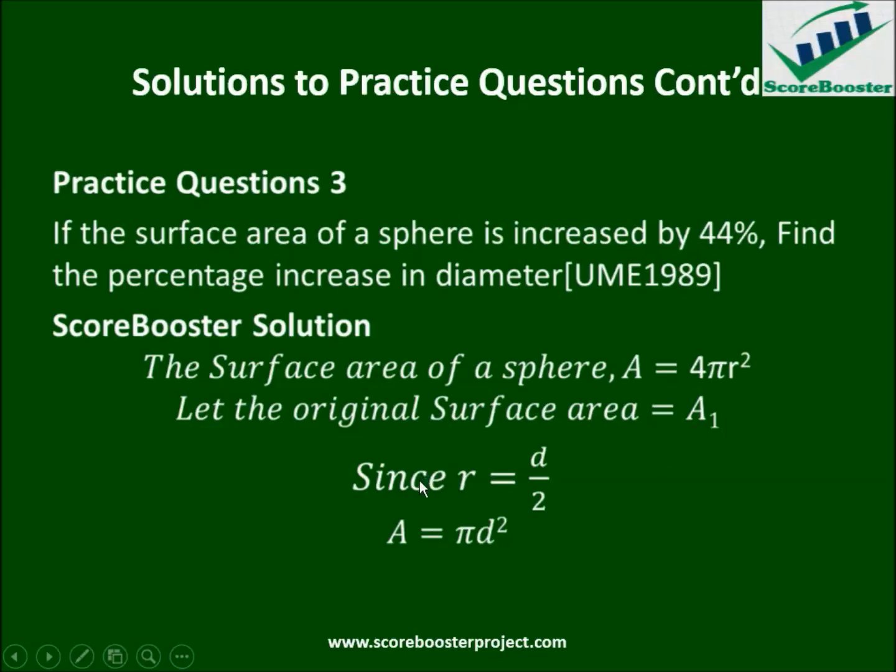Now, since radius equals diameter over 2, the radius is half of the diameter, so A equals pi d squared.